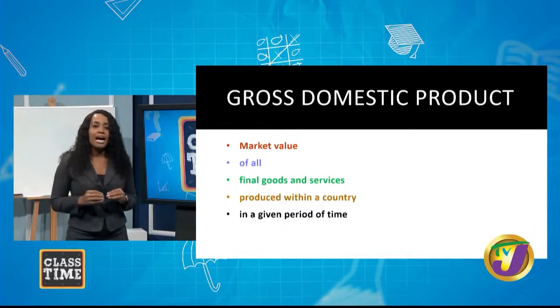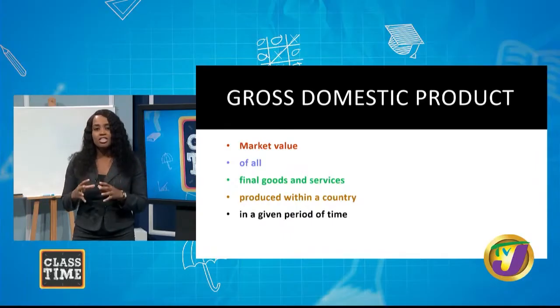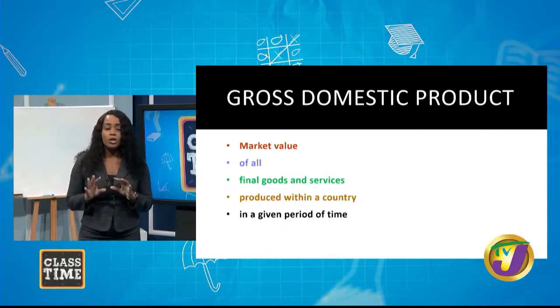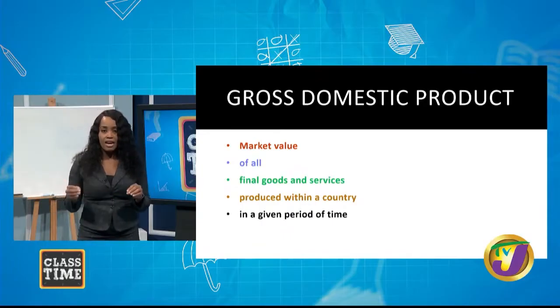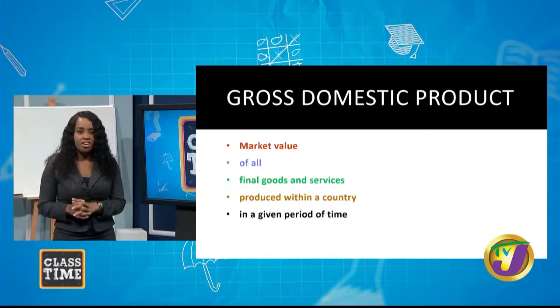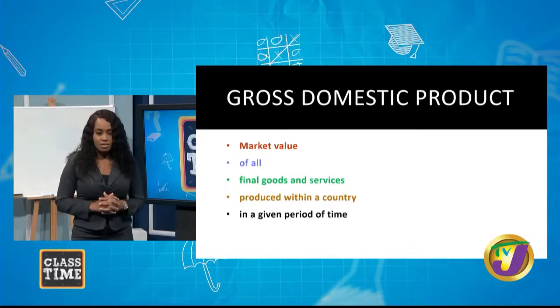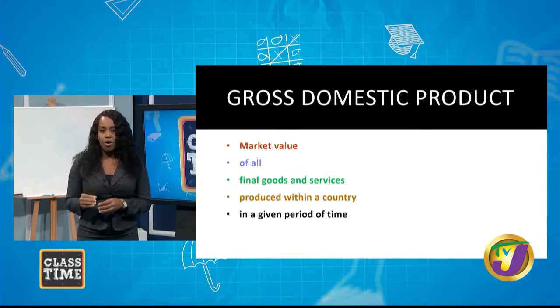Now, if you should look at the value of the blocks and add it to GDP, and then when the homes are finished, built, you look at the market value of those homes and you add it to GDP, there's going to be some double counting because you would have added the value of the intermediate good and the final good, and the final good would have already taken into consideration the value of the intermediate good, which is why in the definition it says it looks at final goods, or in some definitions you'll see finished goods.